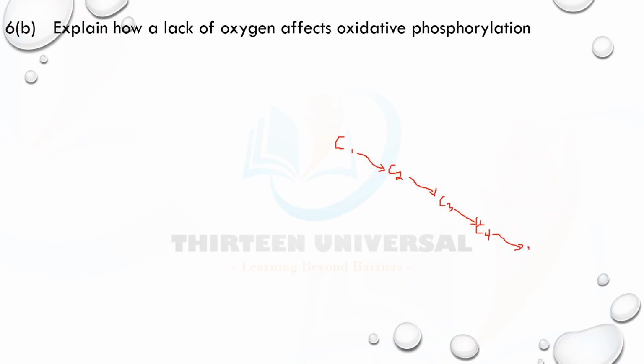So oxygen combines with electrons. You see electrons move from one carrier to another down the energy level, from C1 to C2, then C2 to C3. That's the redox reaction.